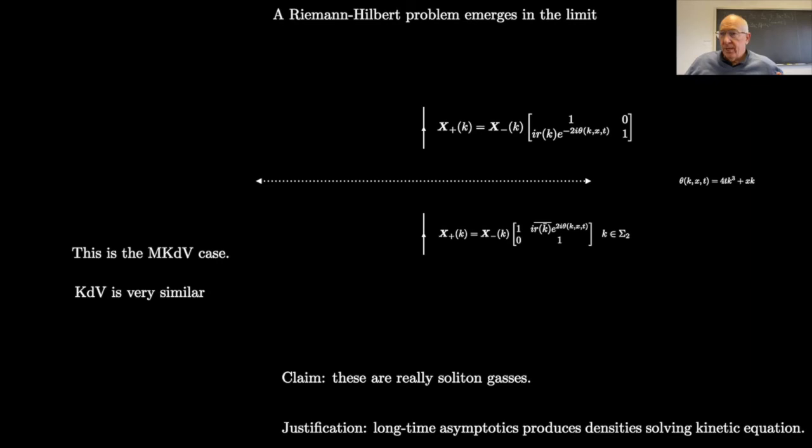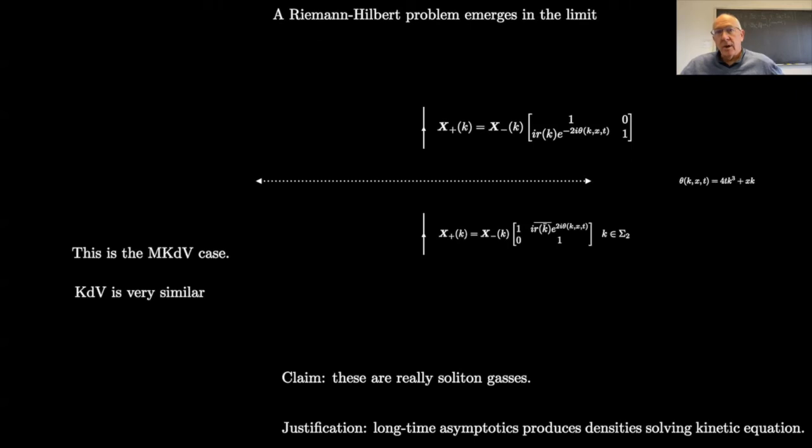So it's a real surprise that in this example, it's completely correct to say that this is not a statistical ensemble. This is an exact solution, a very regular solution. I call it a regular gas because it's achieved by a limit of n solitons, but there's no randomness, there's no fluctuations. It's just a pure, very regular gas.